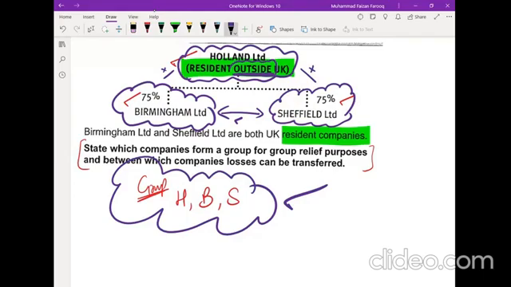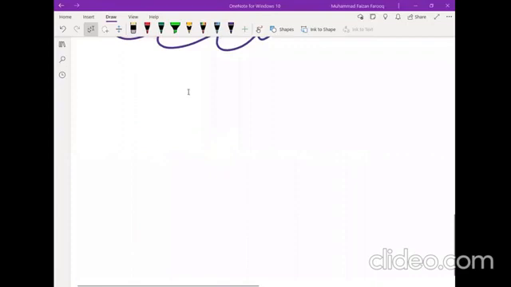Got it. Please note it down. Let's solve a question on how to claim loss relief. In order to learn this, we have to learn two terms.